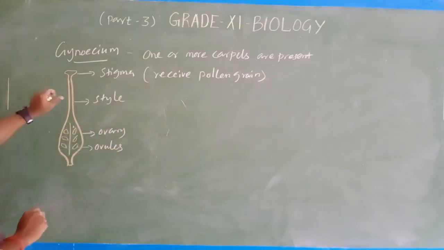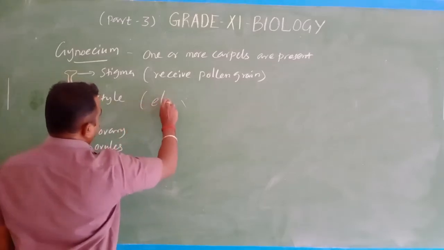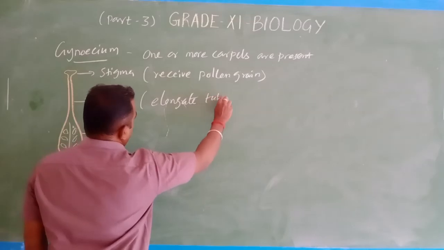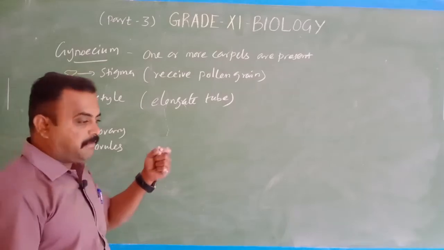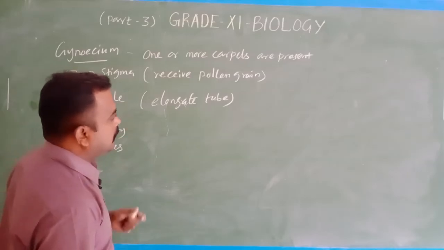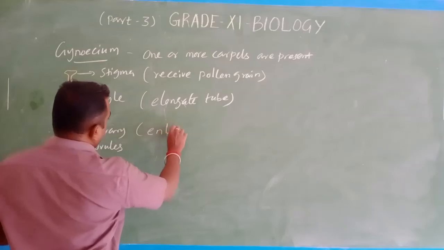The style is like a filament, an elongated tube. In the male reproductive part we have the filament; here we have the style. Then the next one, the ovary, is the enlarged part.